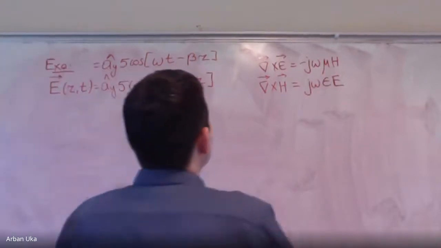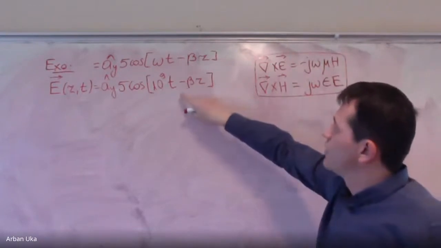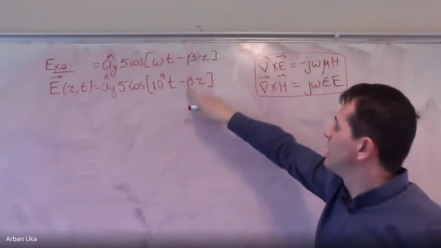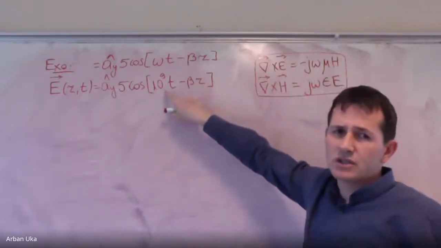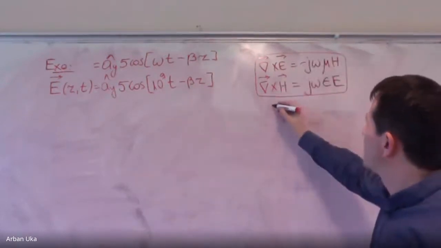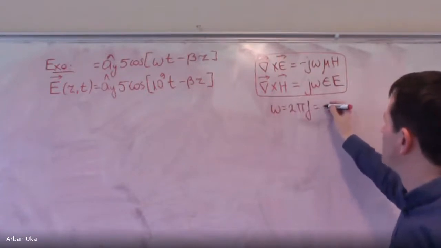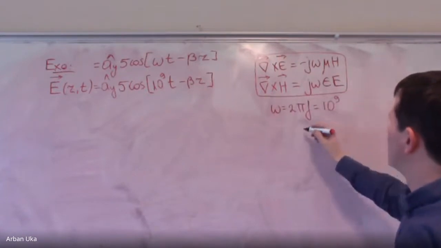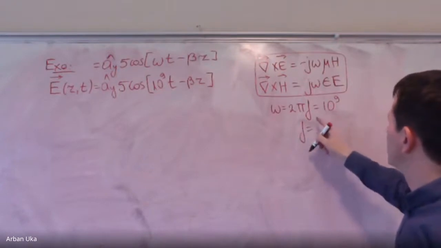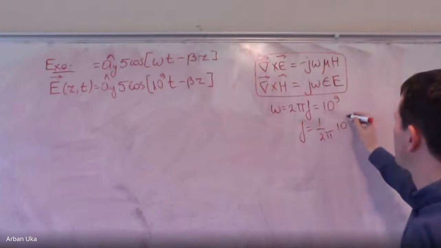These are the Maxwell's equations, let's keep them here. But we are given this expression, 10 to the power 9, so it looks like this is gigahertz order of frequency. And this omega is equal to 2 pi f, and this is equal to 10 to the power 9, which means that the frequency that we're talking about is 1 over 2 pi times 10 to the power 9.